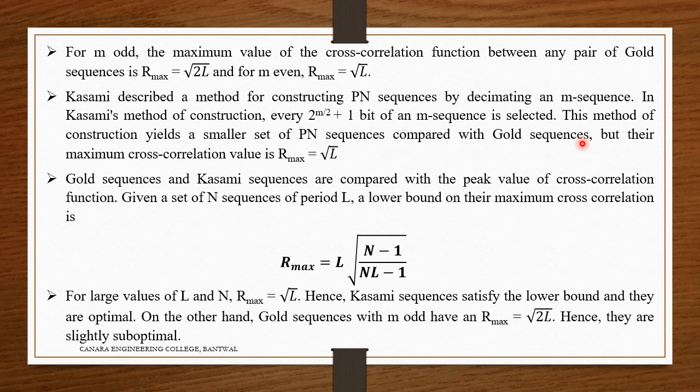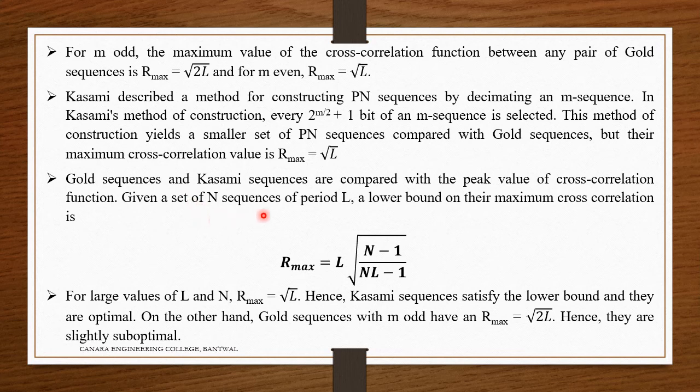Here we are not taking too much, only every 2 to the power of m by 2 plus 1 bit of the M sequence, and the maximum correlation value is Rmax equal to square root of L. Here we are comparing the maximum cross correlation values, the peak value of the cross correlation function of the Gold and Kasami sequences.